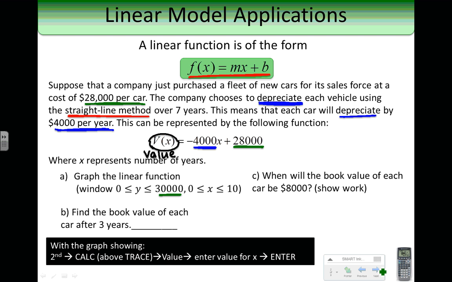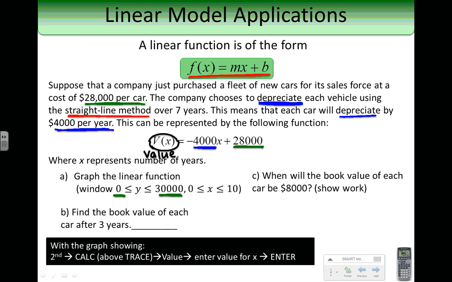It starts at 28,000 and goes down from there. The car is never going to be worth a negative value, so it just starts at 28,000 and goes all the way down until it's worth nothing. But we're never going to have negative. So our range is from 0 to 30,000.